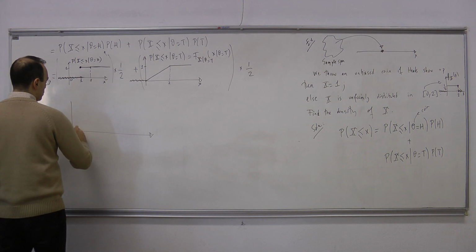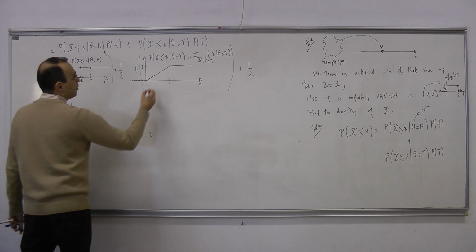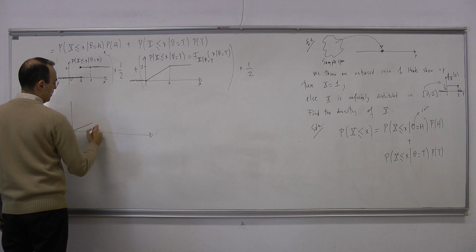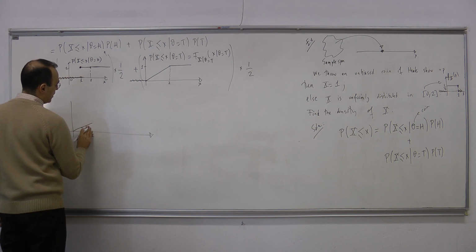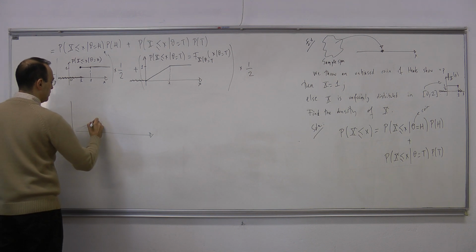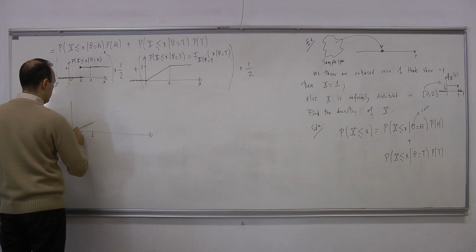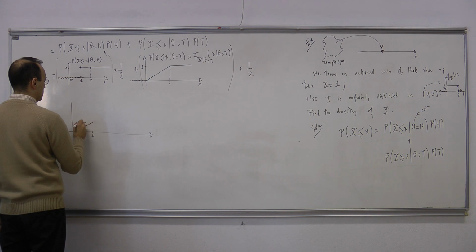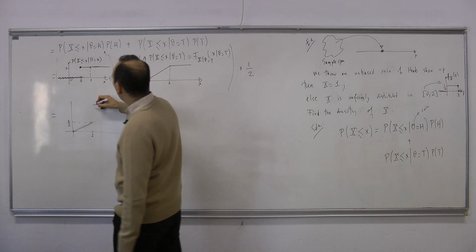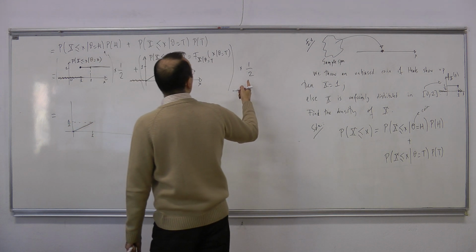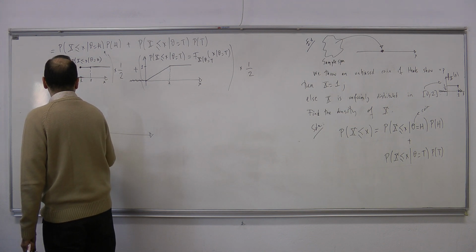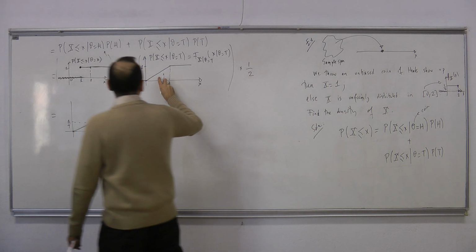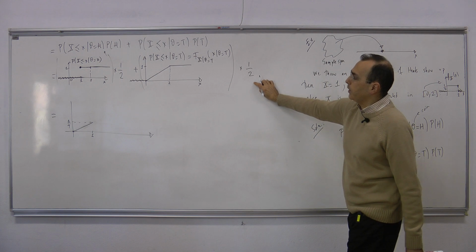Well, this goes with the slope of 1/2 up to 1. I think it will be clear at this point. And at 1 there is a jump of, not 1/2 actually, 1/4. The slope is 1/2, but there is a 1/2 factor over here.